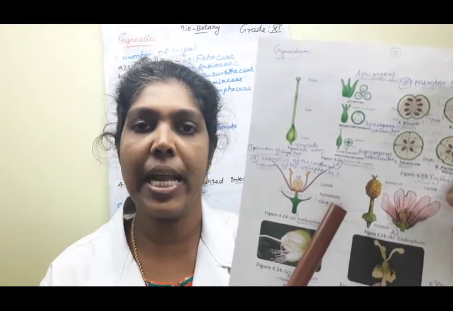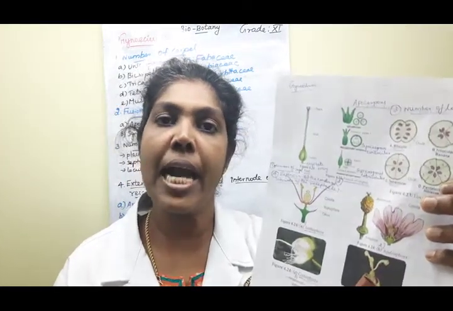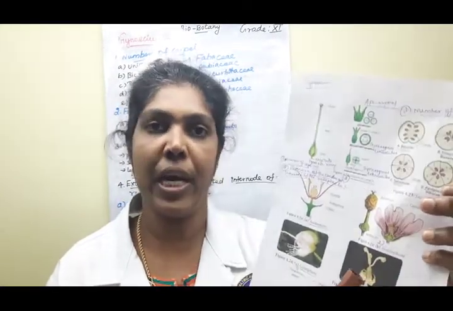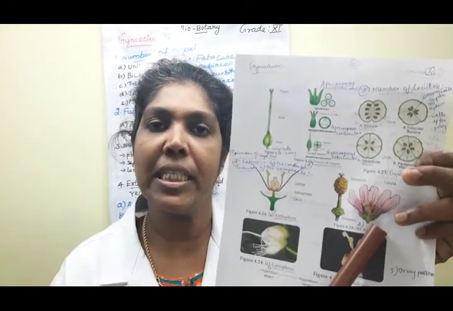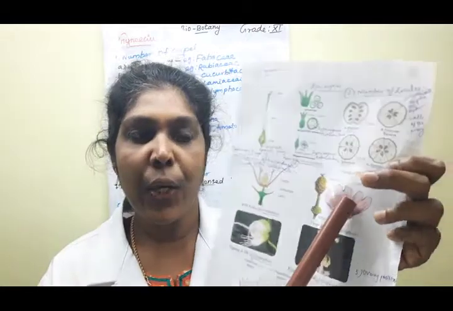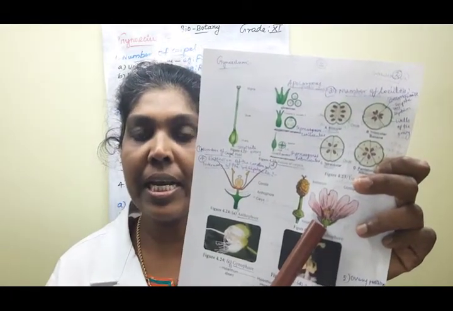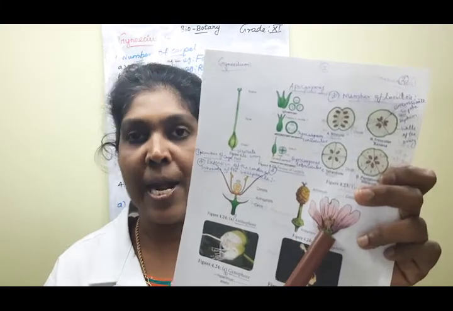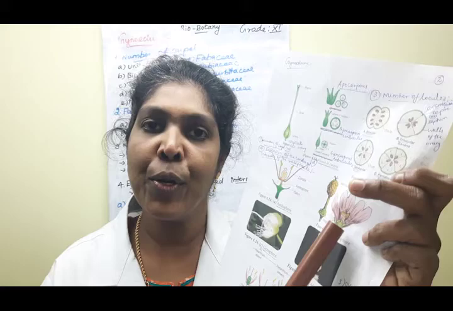Clear, children? Say yes or no? Yes. Next one, androphore, A-N-D-R-O. Androphore means the internodal elongation present between the corolla and the androecium part. That is known as androphore.